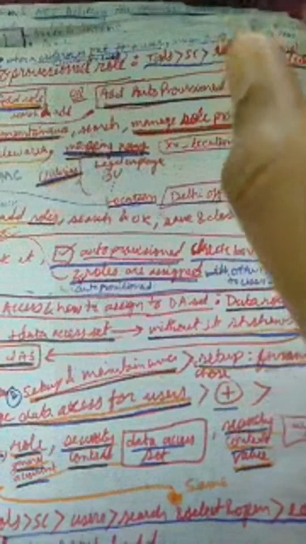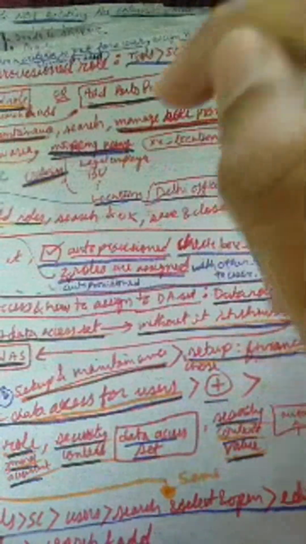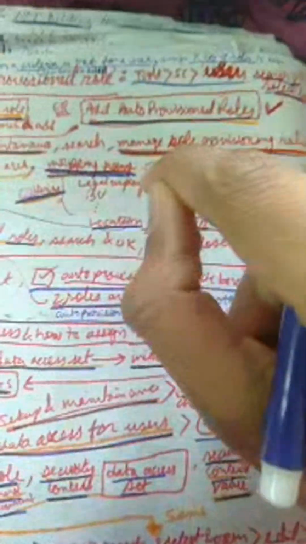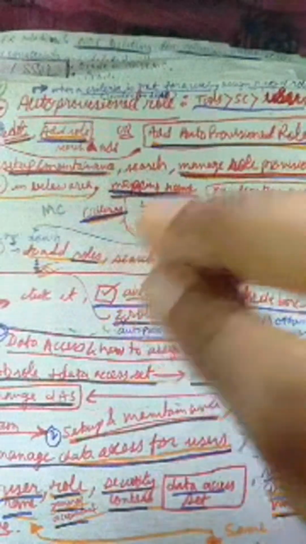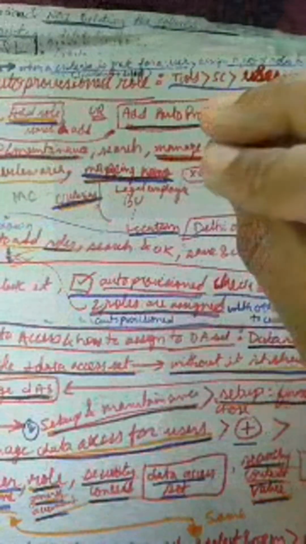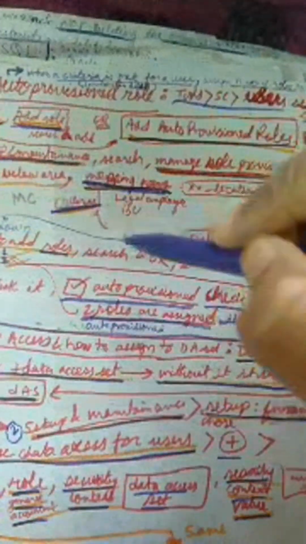But if I want to do it for a particular criteria, a mapping, where the user is from this business unit, this legal entity or this location, then there are certain auto provision roles which should be assigned to the user fulfilling these criteria.